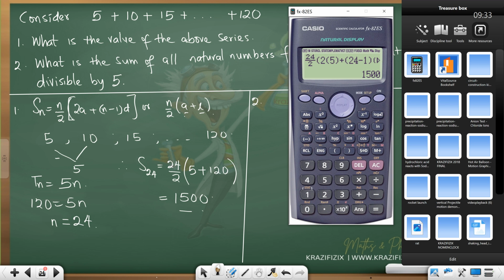Make sure you close all the brackets. 1,500. But for me, once I see I know my first and my last, I just like to work with that formula. So practice both of them.